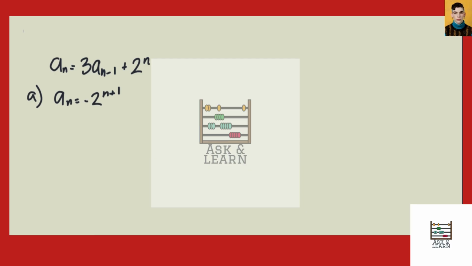Note that a_n being equal to -2^(n+1) implies that a_{n-1} is going to be equal to -2^(n-1+1), which is equal to -2^n.